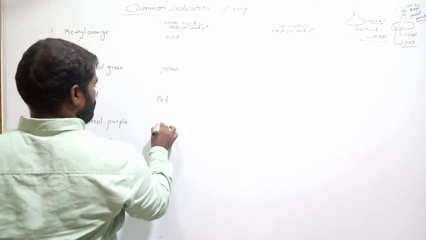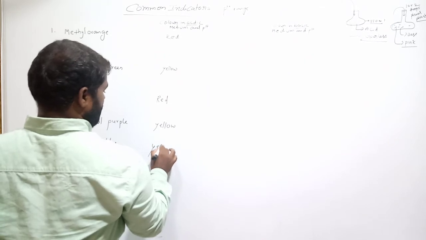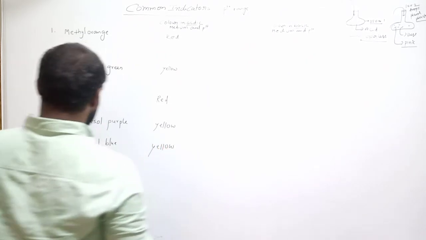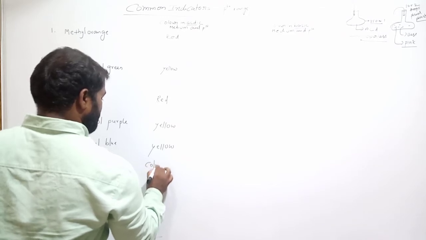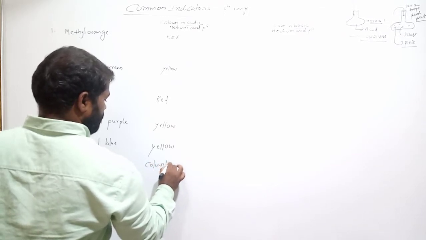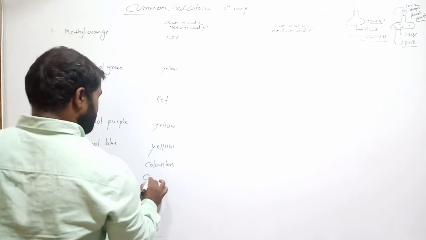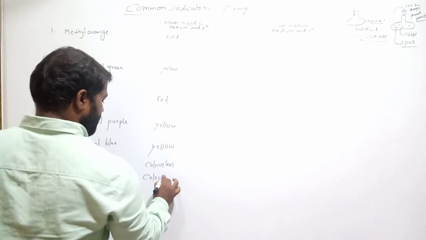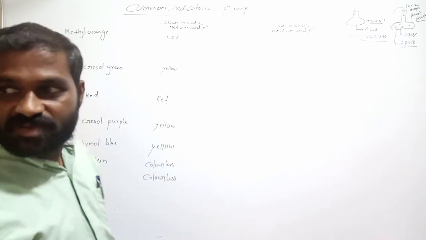It is yellow. It is also yellow in color. And phenolphthalein indicator is colorless, very, very important. Thymolphthalein is also colorless. In acidic medium it is clearly colorless.